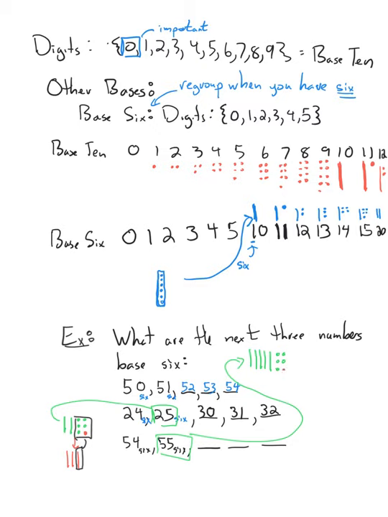If we add a 1, what do we get? Well, we can regroup those 6 ones into an extra 6. So now we have 6 sixes, but we have 6 of something. So we must regroup since we're in base 6. So we regroup that into one square.